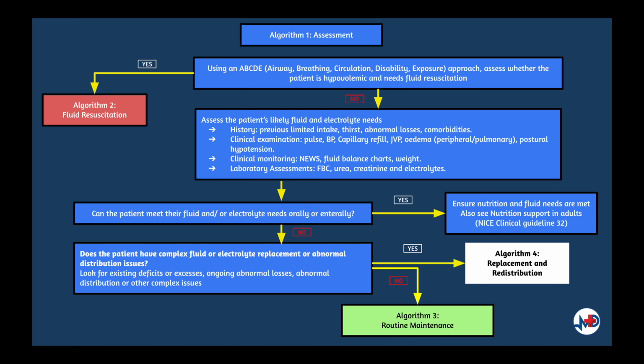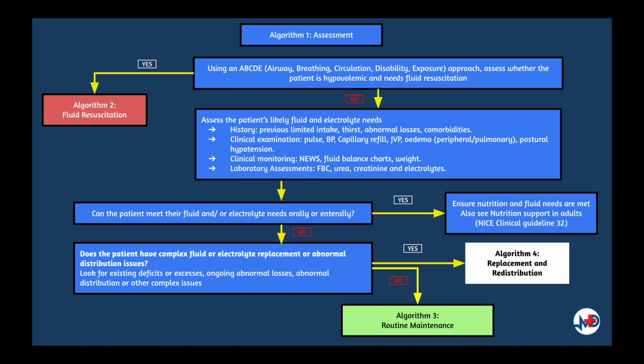Do some lab-based assessments to identify the possible state of dehydration. Next, ask yourself if the patient can meet their fluid or electrolyte needs orally or if they need it intravenously. If they are able to, ensure nutrition and fluid needs are met, and also look at the nutrition support in adults NICE clinical guideline.